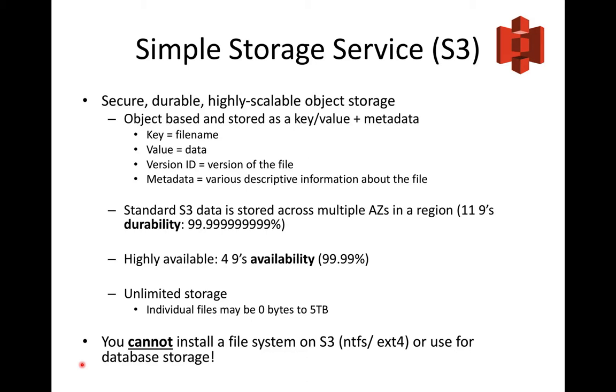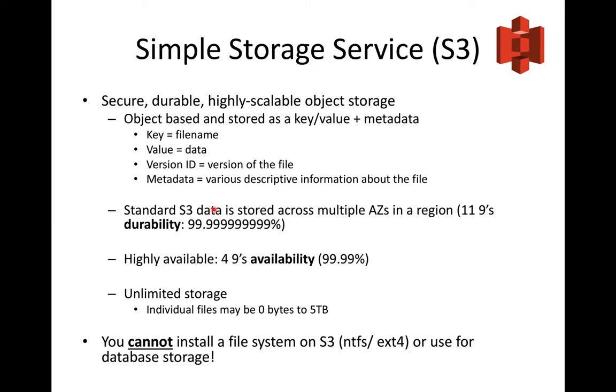Well, durability represents the risk of losing the data once it's been stored in S3. 11 nines durability means that if you uploaded a billion files into S3, it's possible that one of those files might be lost or corrupted. And so 11 nines durability is extremely high.